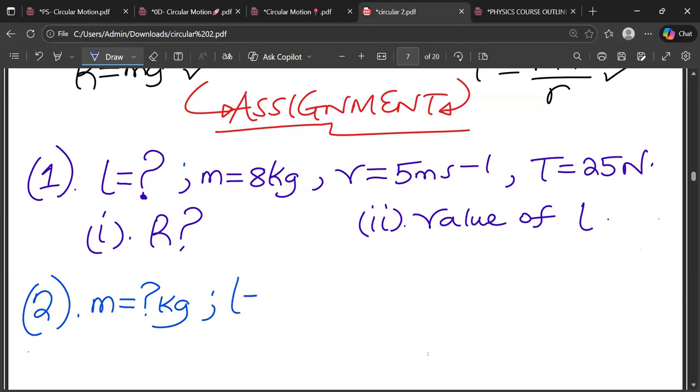They gave us natural length 50 centimeters. They're giving us tension 28 newtons. Then they're giving us still constant speed.